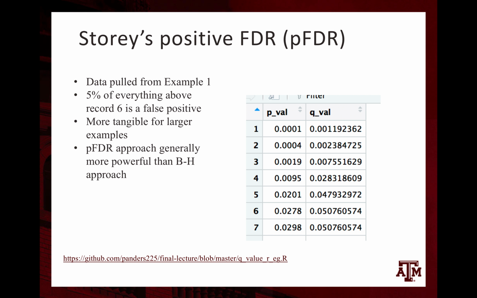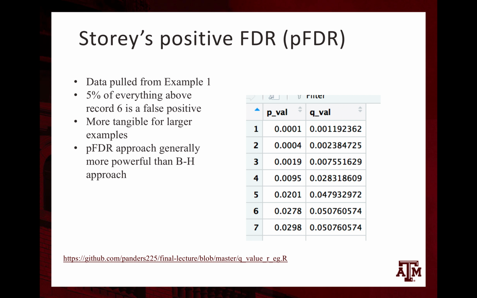I have an example here. This was put together with an R package called qvalue. It's quite nice. This is our original vector of p-values here, so you might remember this 0.001. On the right, we have the associated q-values for all these things. The interpretation is such that any record above and not including record 6 has a 5% chance of being a false positive.